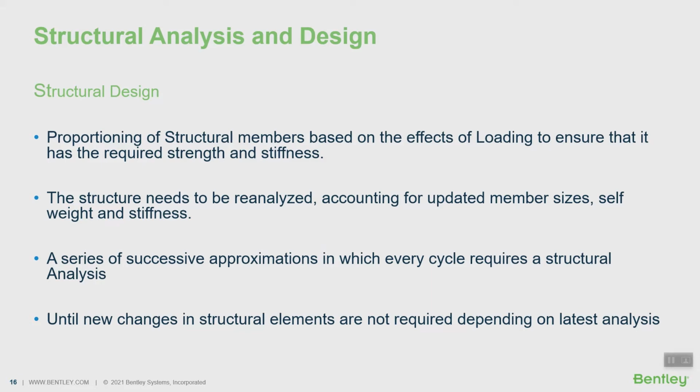This is because the self-weight and the stiffness of the structure will change. Hence, the structure has to be reanalyzed, accounting for a more accurate determination of the weight of the members, their size and stiffness. This process of reanalyzing and proportioning is repeated until new changes in structural elements are no longer required based on the latest analysis.